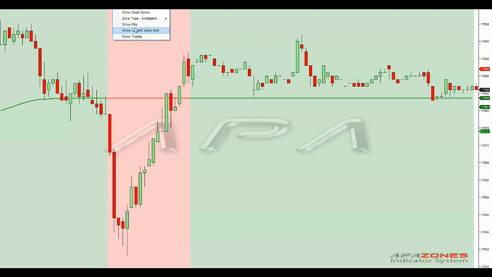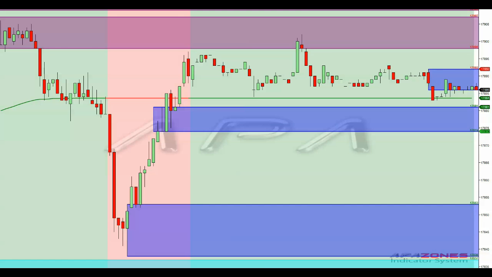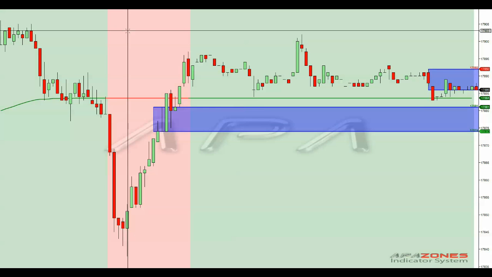So what we are looking to do with the Apazone software, the flagship software, which is the zones, is have them identify areas of consolidation for us. If we know where one thing is, then we should know where another thing is, okay?